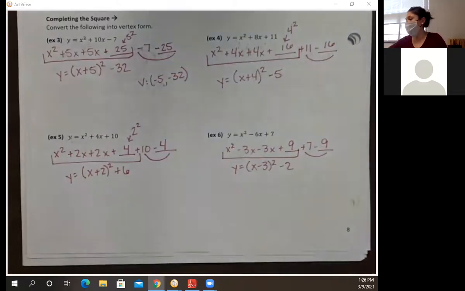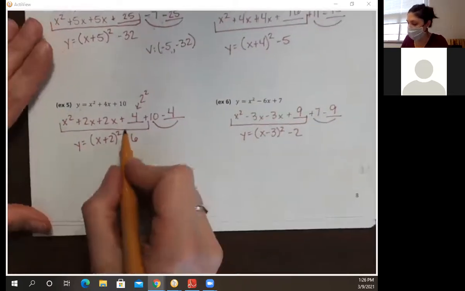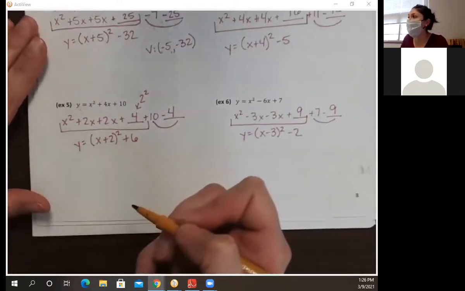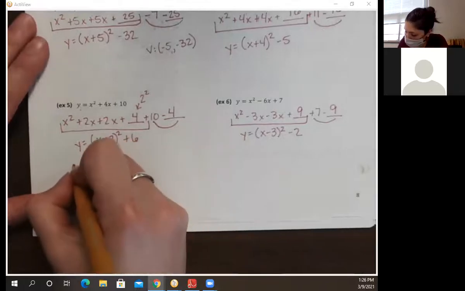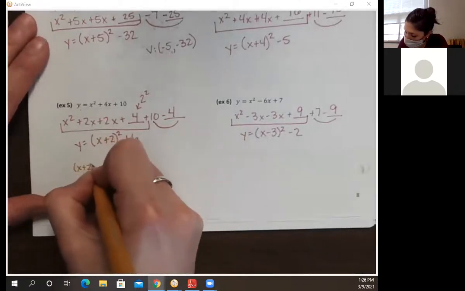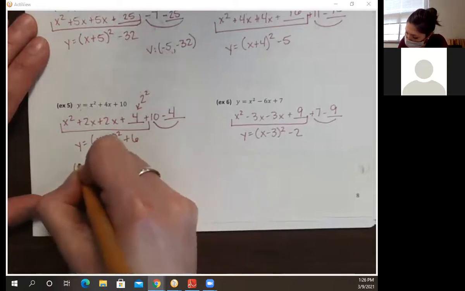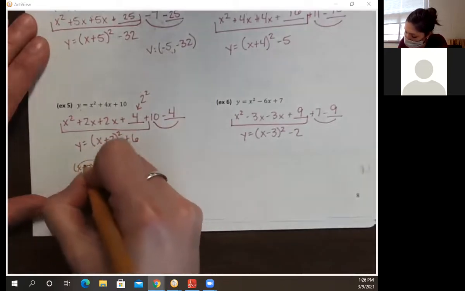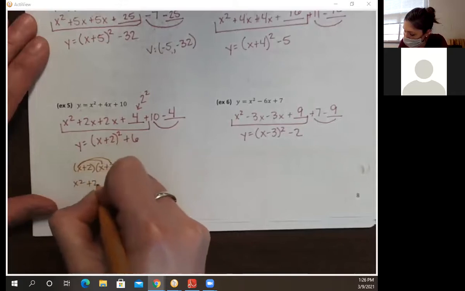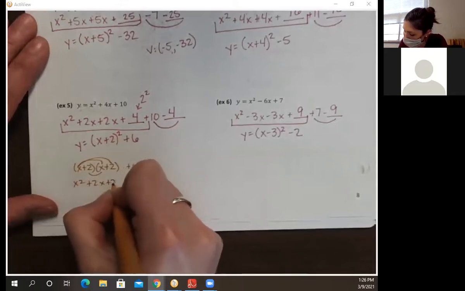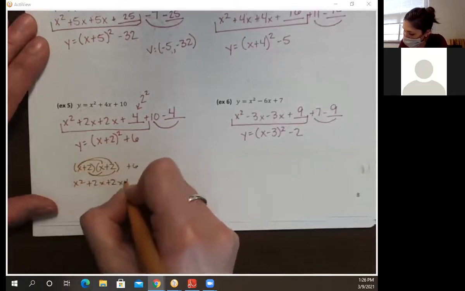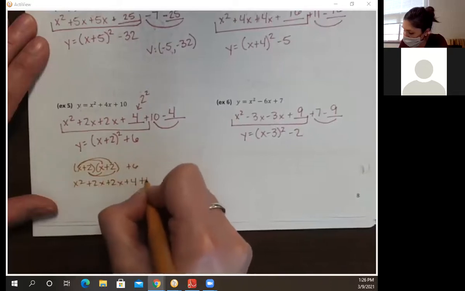The other thing that I want to show you, the other way that you can check this, is to take your vertex form function and distribute it back out, multiply it back out. So take your x plus 2 times x plus 2 and distribute. So x squared plus 2x plus 2x plus 4 plus 6.